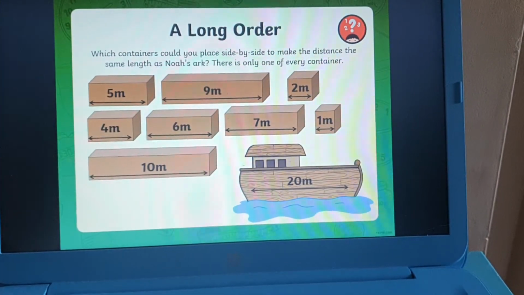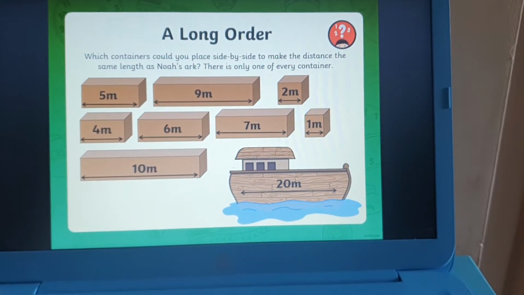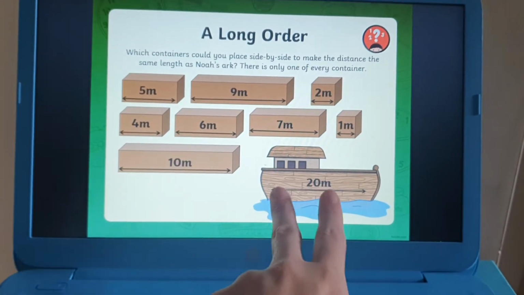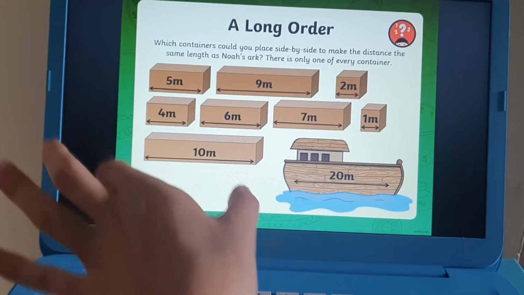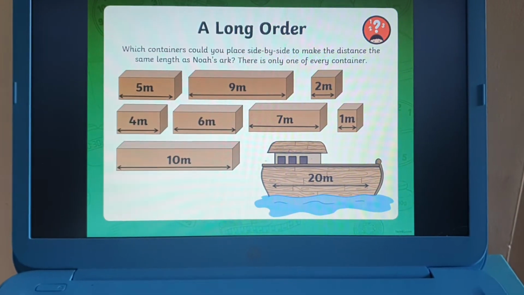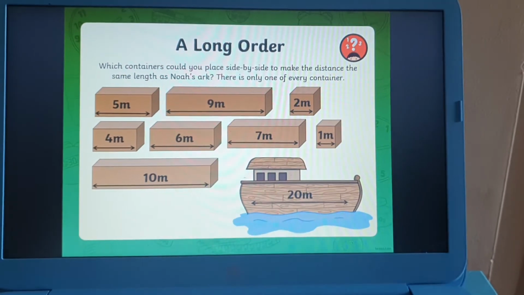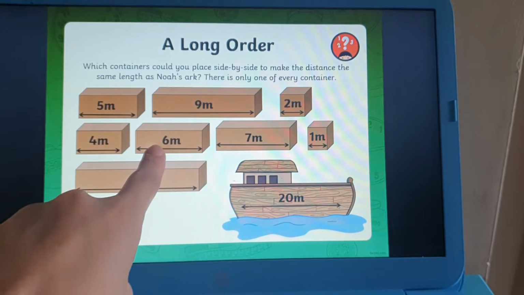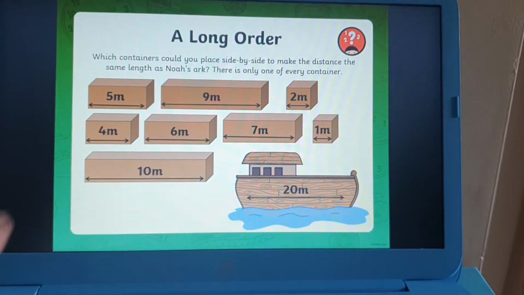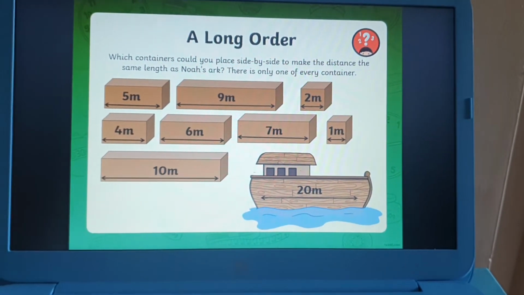Okay, so you should have had a go with those numbers, adding those together to try and make 20. A really easy way for me was to think of 10 is half of our 20. So if we use that to start with, we've already got 10. Then I was looking for patterns. I was using my number bonds to make up the rest of the 10. So I know that 6 and 4 is also 10. So I would have used 10 metres, add 6 metres, add 4 metres.